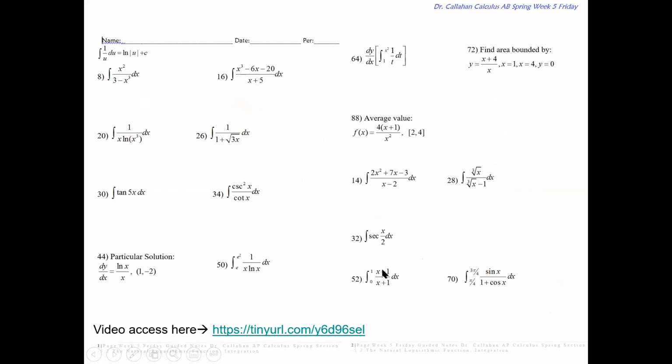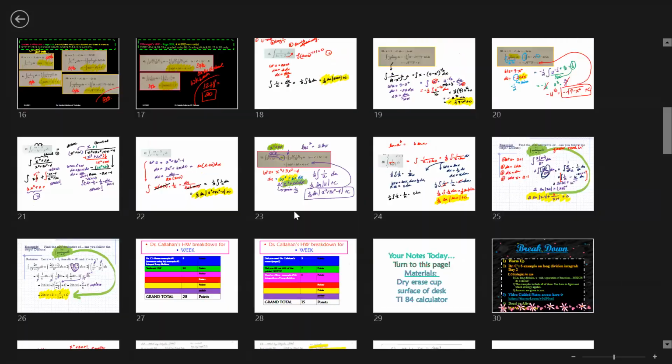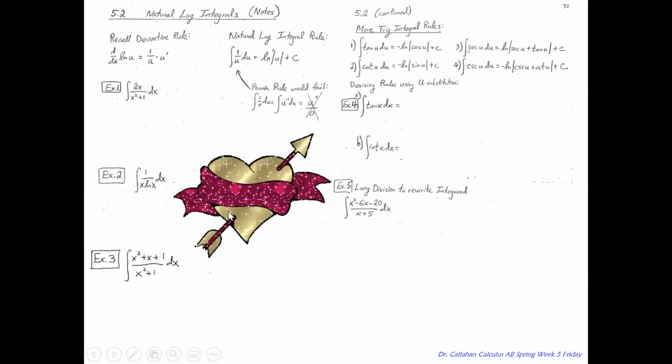These are some of the integrations from your textbook. You don't have a textbook this year, but these are some of the questions from there. If you need some assistance, you can access a video from this link, which will go over all of these questions in greater detail. Okay, with that said, let's get started. Turn over to this page.